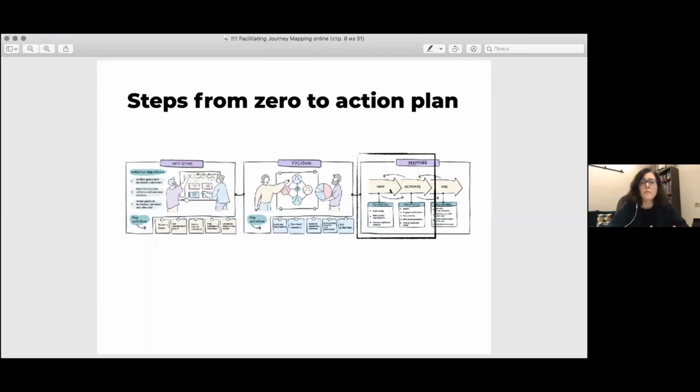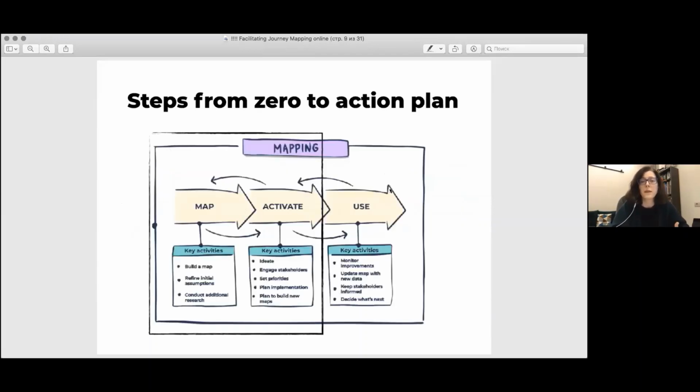You have a lot of important things to do before you go into actual mapping. But what we are talking about today is the last step, the mapping, with two sub-steps. You create a map, and then you ensure that it's actually actionable, that it creates some change within the organization, and you create some commitment to that change.